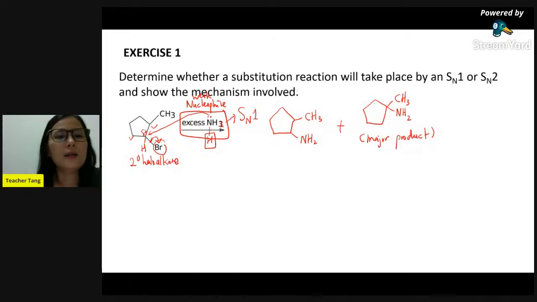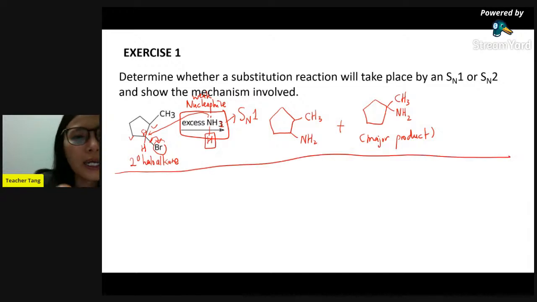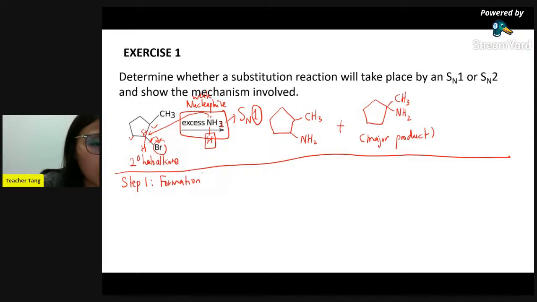So shall we look at the mechanism? We already know it is SN1. If SN1, the 1 means that at step number 1, the formation of the carbocation only involves one species, which is the haloalkane. So we only need to draw the haloalkane in step number 1.